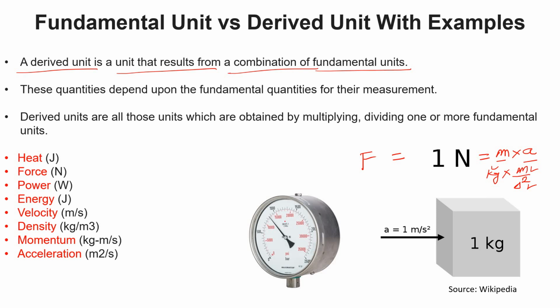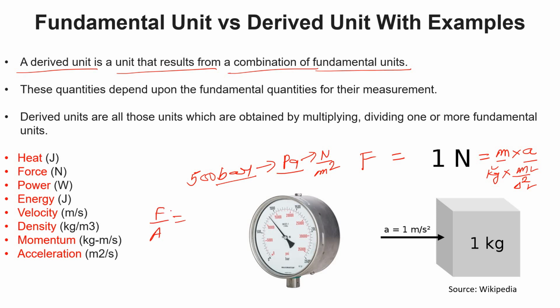Now let's see, this is a pressure gauge, and I'm assuming that the reading of this pressure gauge is 500 bar. Now you can convert bar into Pascal. And what is the Pascal? Basically, Pascal is Newton per meter square.